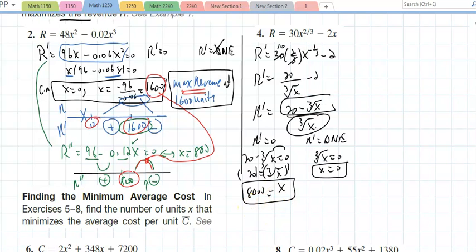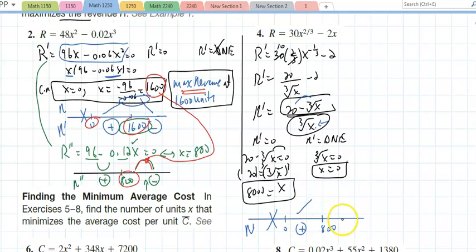So instead of doing all of this part, you could say, look, there's r prime, there is 0, there's 8,000. We're not going to pick negative. Let's pick 1. This is positive. 20 minus 1 is positive. This function is increasing.